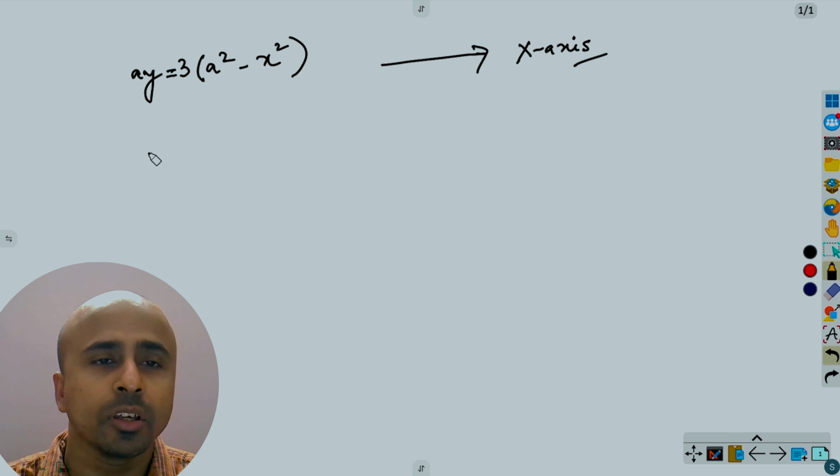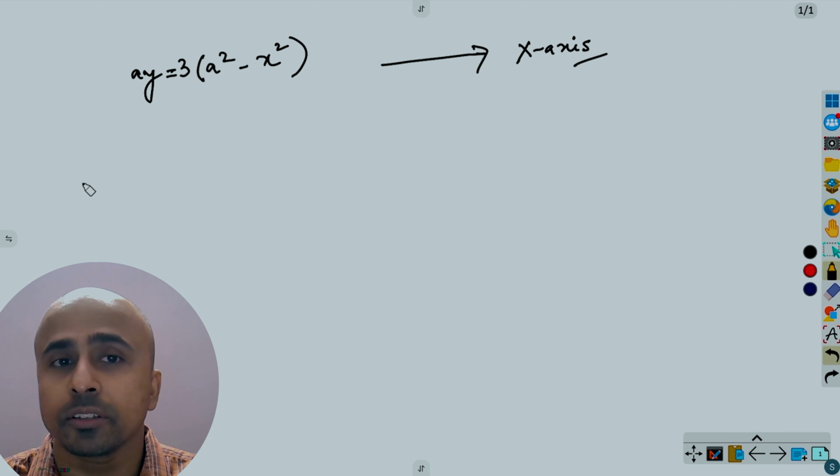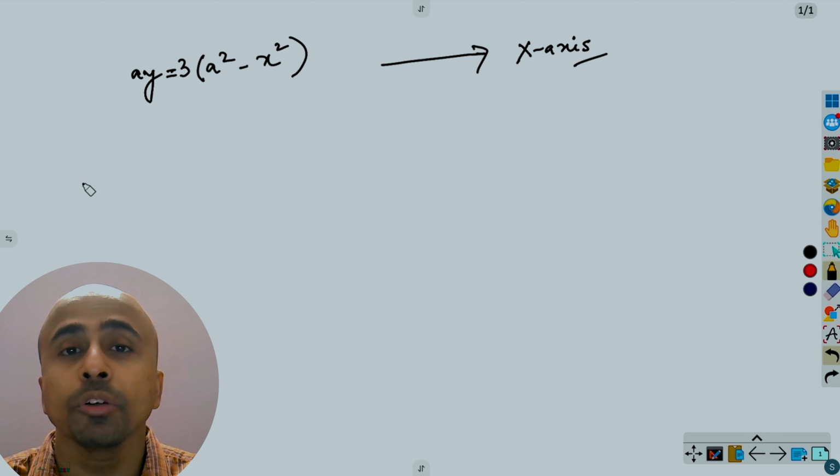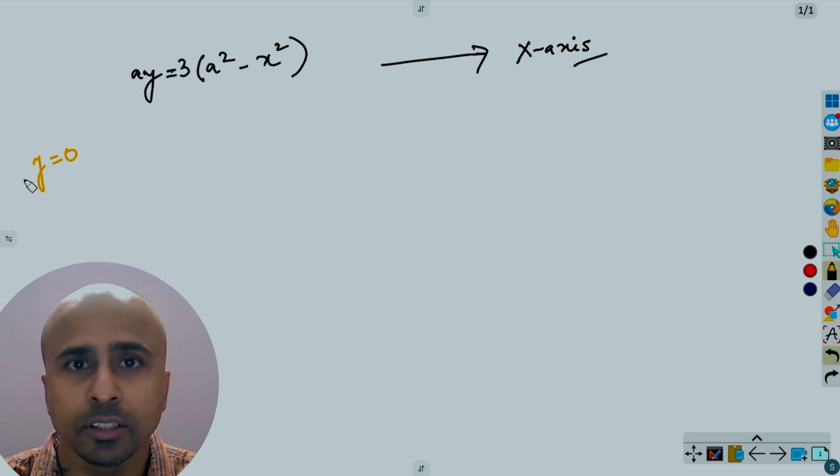Okay, so this is pretty simple. In order to get the points at which this parabola intersects the x-axis, we will just substitute y equals 0, right? Because this is the equation of the x-axis.